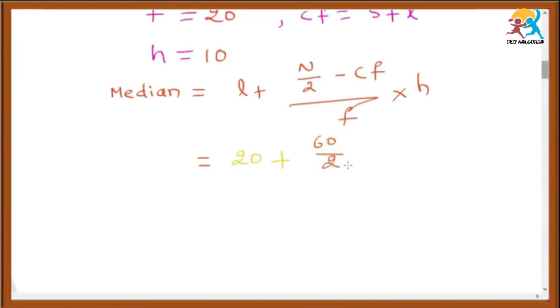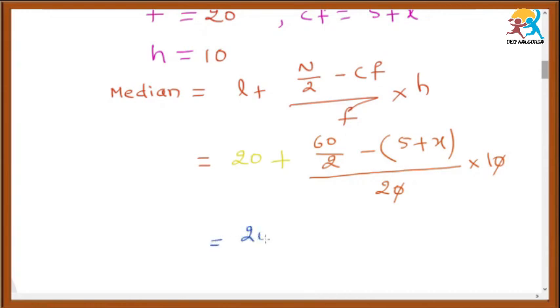So 60 by 2 minus, in the bracket you should write CF. CF is 5 plus x. So we have to keep the bracket. Suppose if you forgot to write the bracket, then what will happen? It will become minus 5 plus x. So that's the wrong statement. That's why we should keep the bracket after minus, and by f is 20 into h is 10. Simplification.